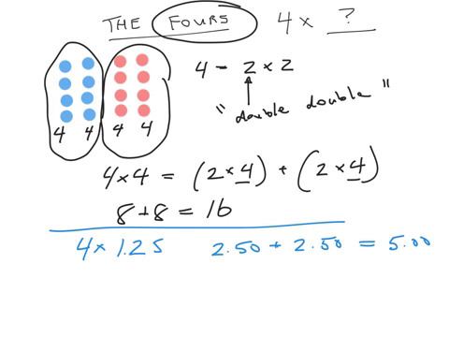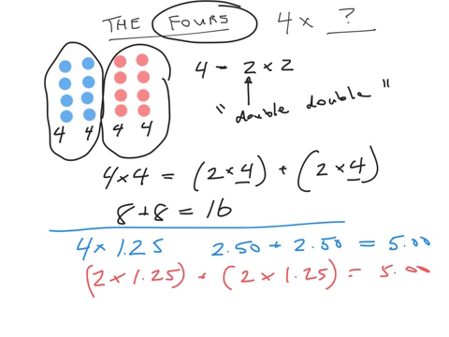If we were to write this out long ways, that's 2 multiplied by $1.25 added to double $1.25, and very quickly we can see that that's $5 in my units. And so there's the 4. Multiplying by 4 is going to be really, really easy if we consider that it is just double.